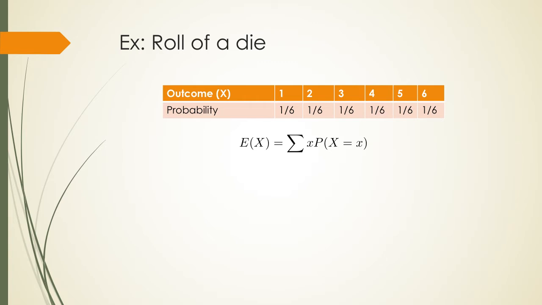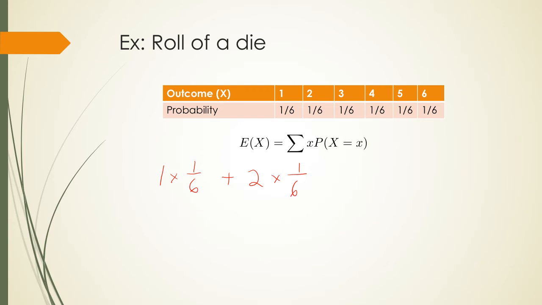Now we're ready to compute the expected value. So we can start with x equals 1, which has a probability of 1/6. Next, we let x equal 2. And again, we have 2 times 1 over 6.